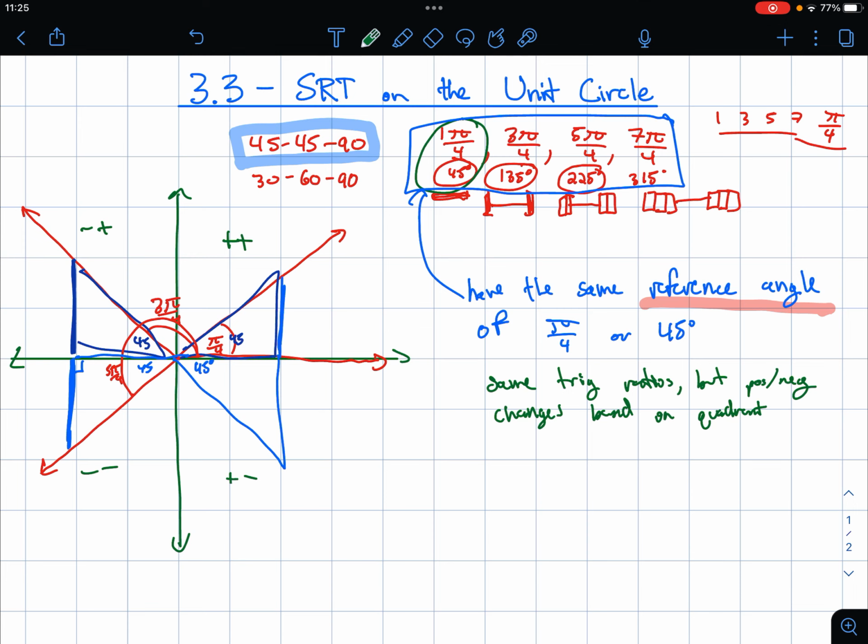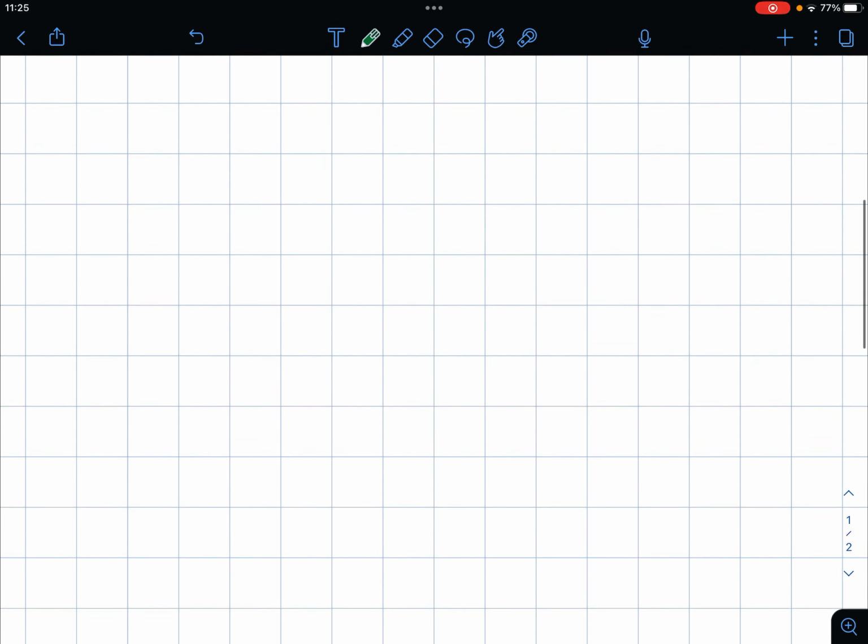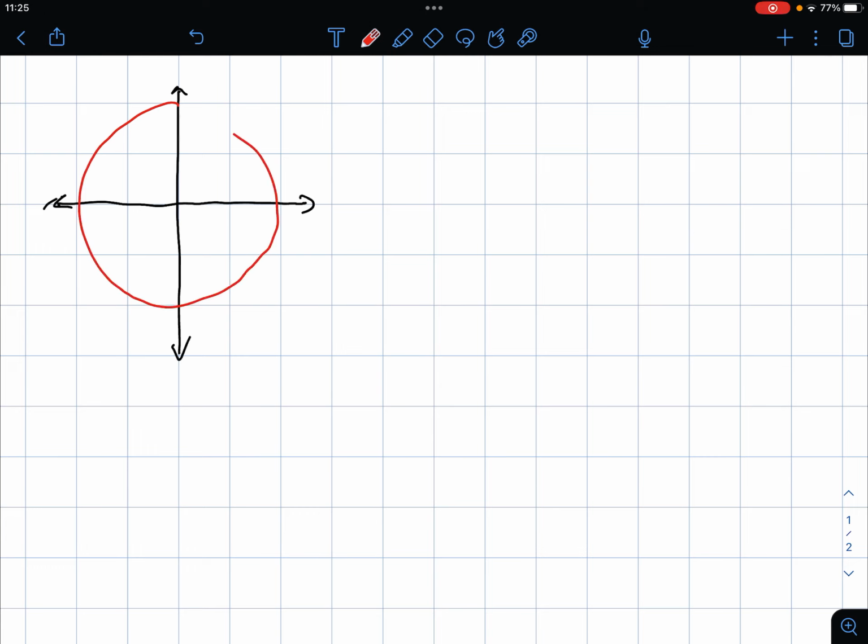Okay, so let's go ahead and take a look here. So let me go to a unit circle. So we're going to draw a little circle here, and we'll say that it has radius of 1, because that is what the unit circle is. And we're going to look at the pi over 4 angle, so the reference angle of all the others.